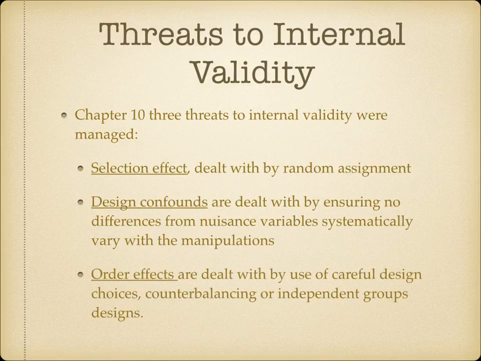Order effects are dealt with by use of careful design choices, counterbalancing or independent groups designs. These kinds of things can help us deal with the fact that order effects may be a big issue and have to be managed. We'll talk about them in a little bit, also in a different context.